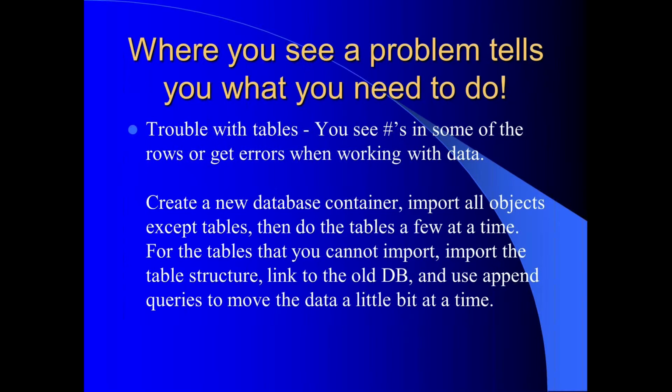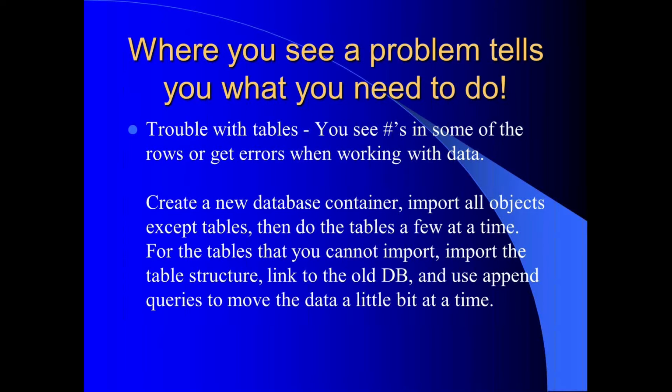If you have trouble with tables, you see pound signs in some of the rows, or you get errors when working with the data, what you want to do here is create a new database container, import all the objects except tables, and then do a few tables at a time. Sometimes you'll get down and you'll find that it's only one or two tables involved, or even just one.